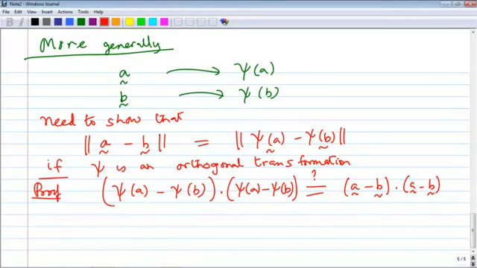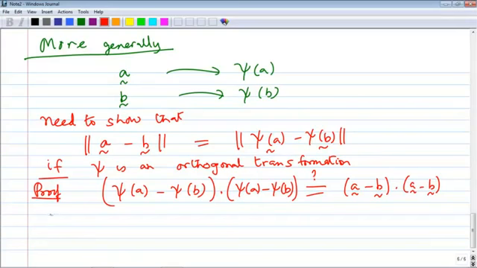We don't know whether this is true, but that's what we'll try to prove. If we can manage to show that the two of these are equal, we are in business. So we can expand this out. I'm putting a question mark here to imply that we don't know whether this is true or not. So what do we get?